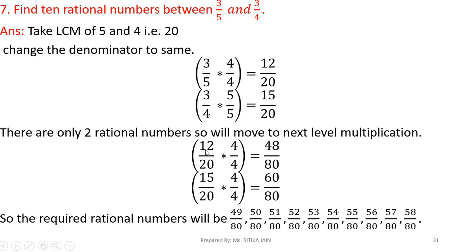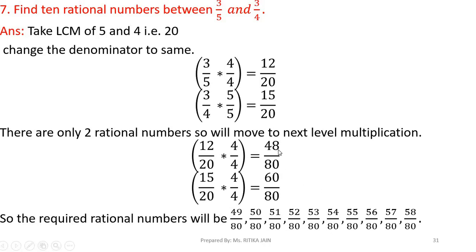Because when you multiply by 2, you will get 24, and 15 into 2, you will get 30. So 24 to 30. How many rational numbers will you get? Only 5, but we want to calculate 10 rational numbers. So 2 will not serve the purpose. Similarly, 3 will also not serve the purpose. So that's why we jump to 4.